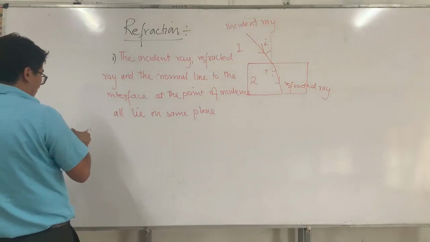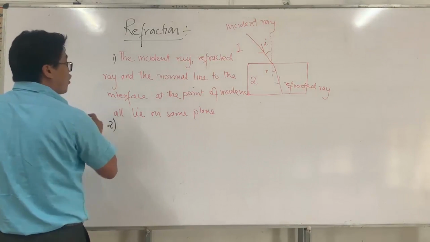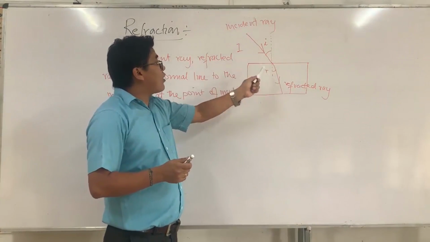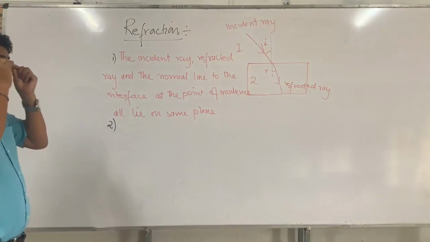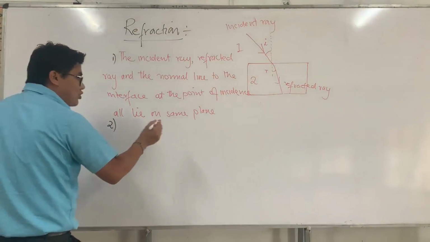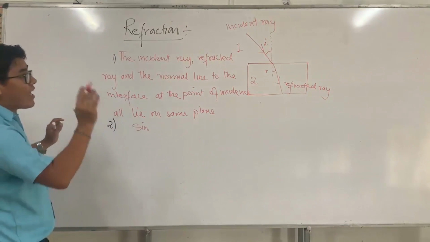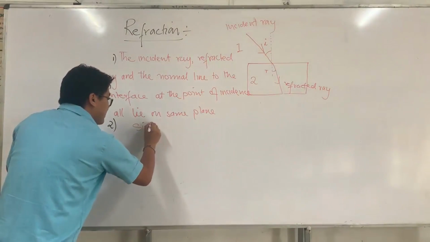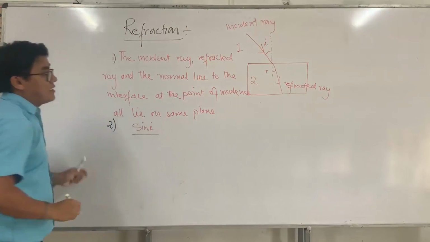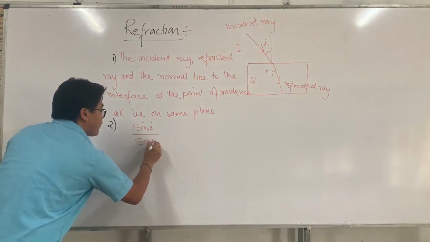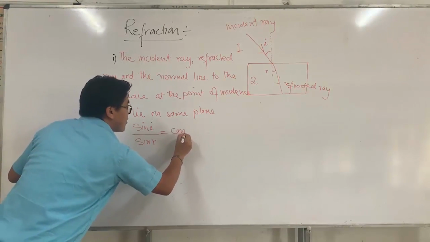And the second law talks about angle of incidence and angle of refraction. The second law says that the ratio of the sine of angle of incidence to the sine of angle of refraction is always constant.